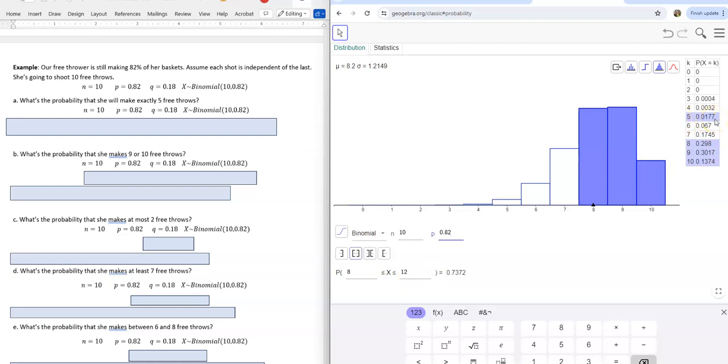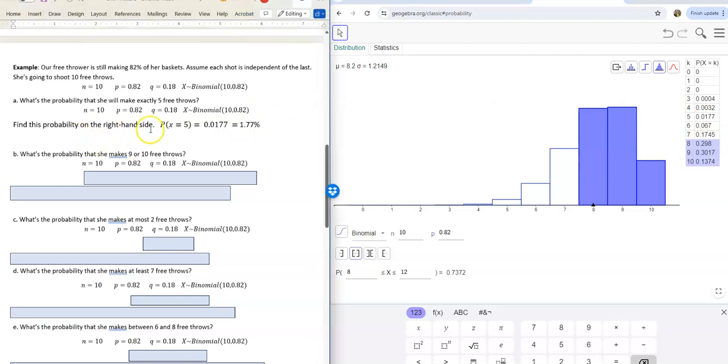She's going to get exactly 5 free throws. We're just going to use the probability on the right-hand side. The probability that X is exactly equal to 5 is this, which if we move it 2 decimal places, we get 1.77%.